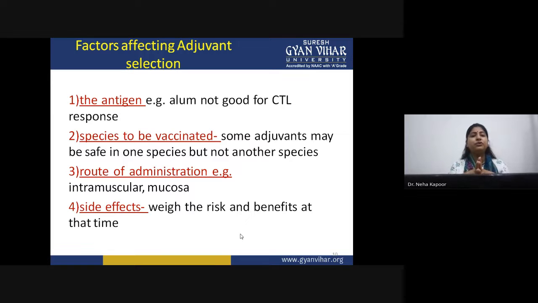Route of administration means how we will be administering that vaccine, whether the route is intramuscular, dermal, subcutaneous, or mucosal. Fourth important point is side effects or adverse effects. That means we must first of all weigh all the risks and benefits, that is, whether the adverse effects are more or whether the positive effects are more.